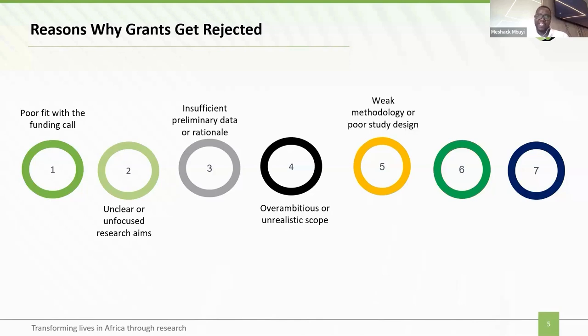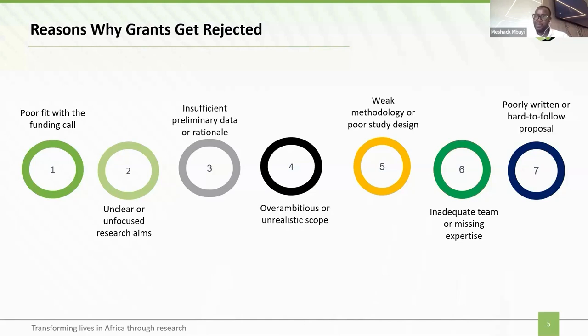Sometimes applications are rejected because they have weak methodology or a poor study design. Sometimes it's an inadequate team or missing expertise. Maybe you've listed the PI and the co-investigators, but when they review the whole application and the team you've put together, they realize that there is a missing expertise. And they will definitely in their review tell you to add somebody with this expertise.